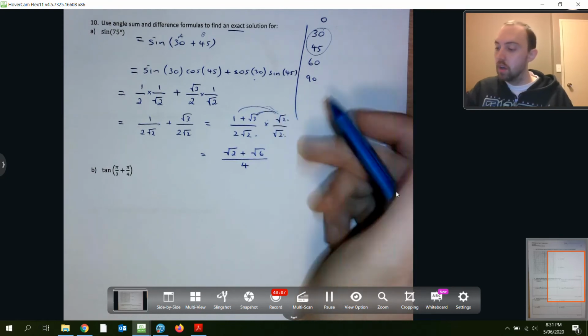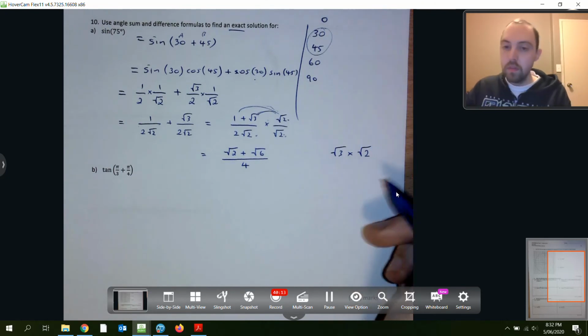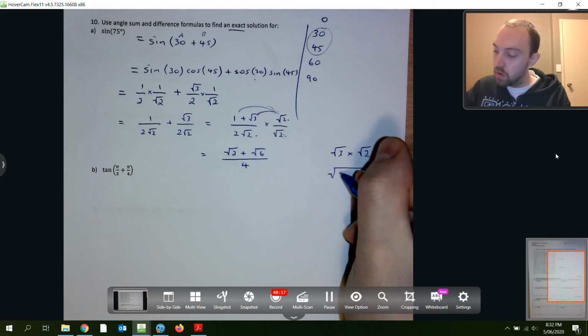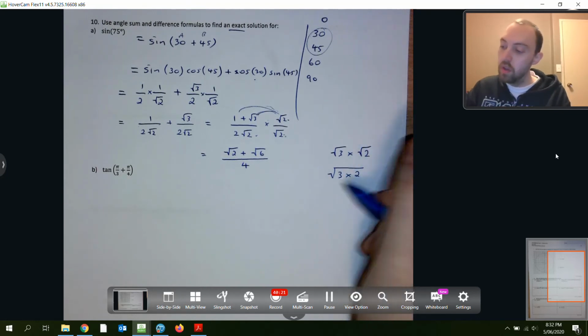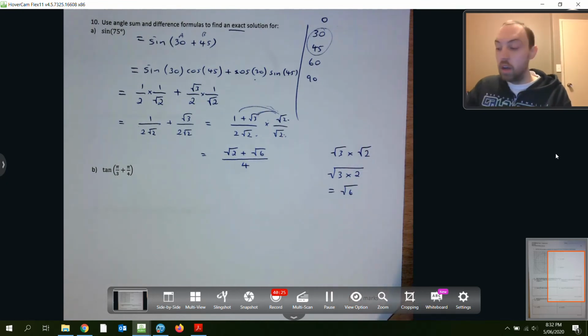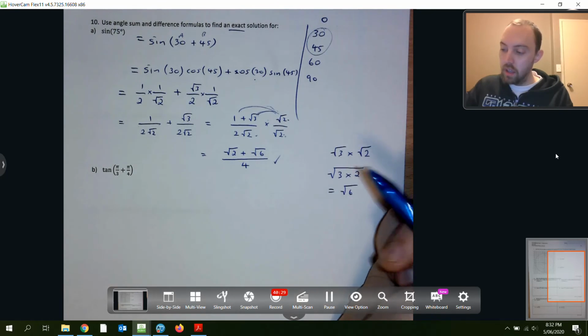Root 3 times by root 2 can be brought under the same square root, so it's root 3 times 2, or root 6. Alright, that should be it.